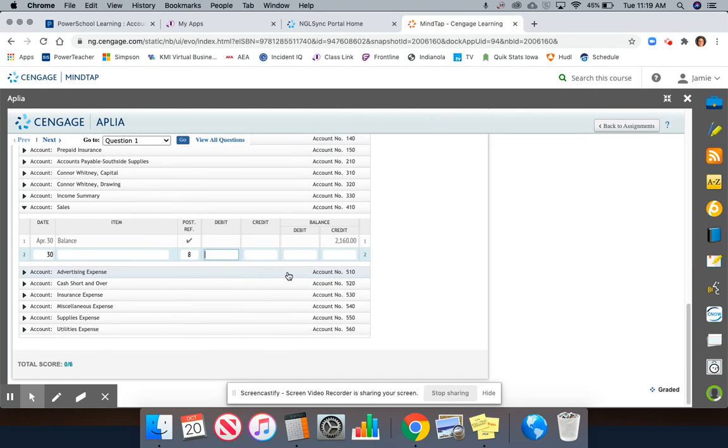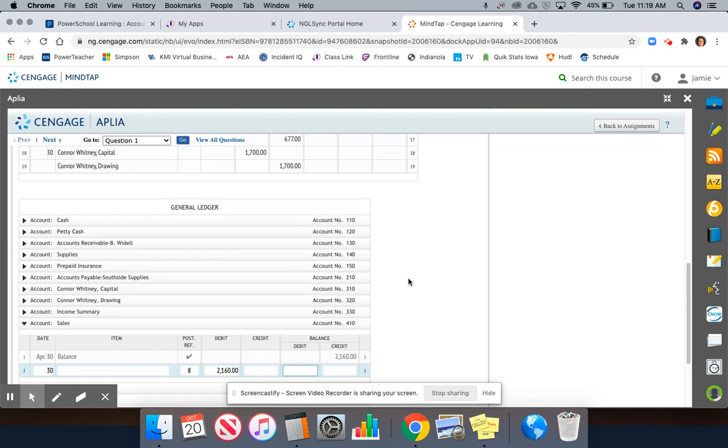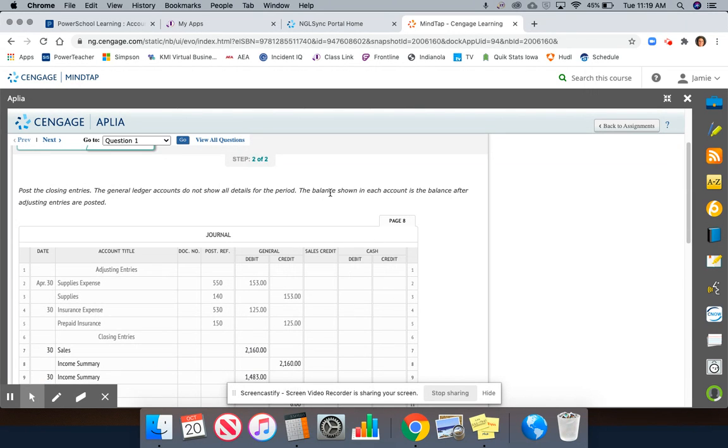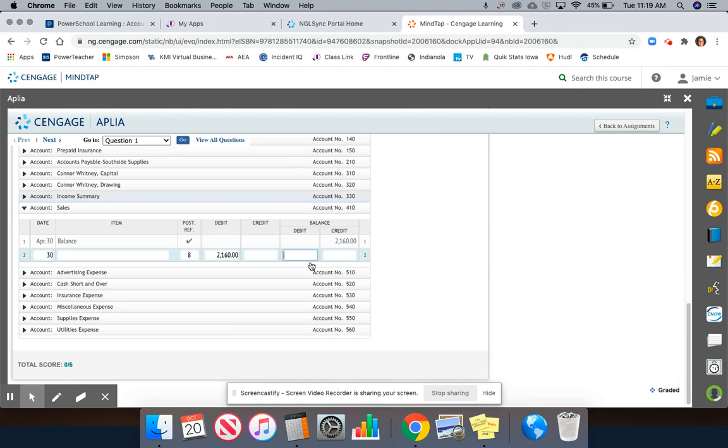All right, then we had a debit of $2,160. Now our balance, we had a credit of $2,160. Our debit cancels that out. The instructions show the balance shown in each account is going to be 0. In order to show that, we need to put our dashes in there.